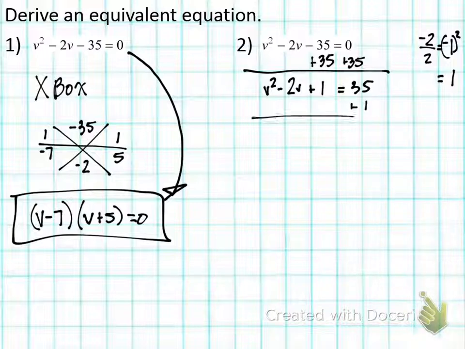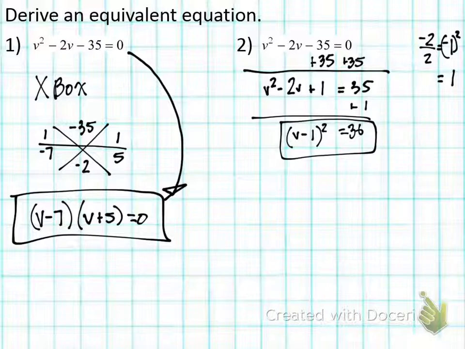What's 35 plus 1, everyone? 36. And then this left side, remember this is a perfect square trinomial, so this is like saying v minus 1 squared. Okay? This is an equivalent form, just like the original problem. So this is an equivalent form, and so is this, of this, right? This is equal to this, and this is equal to that, okay?